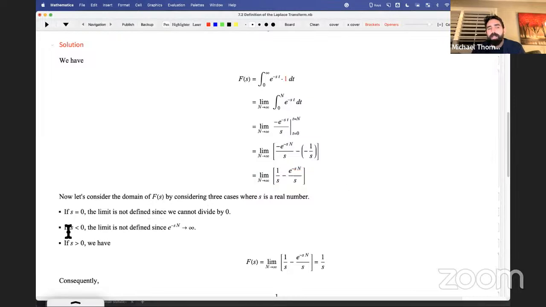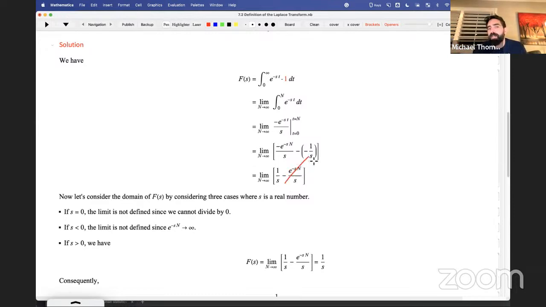What about S less than 0? Well, if S is less than 0, we also have a problem here. Because if S is less than 0, the negative S will be positive. And what will happen is you have e raised to a number that's getting very, very large. And that's just going to blow up to infinity.